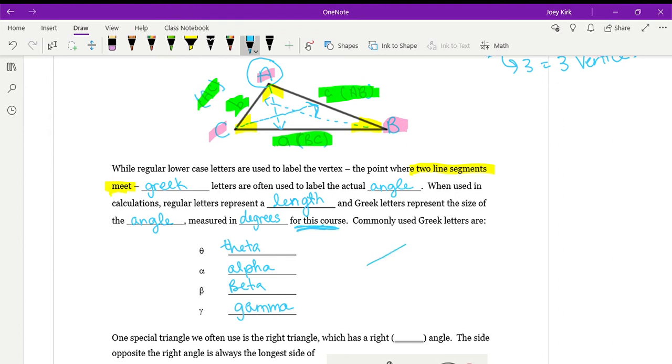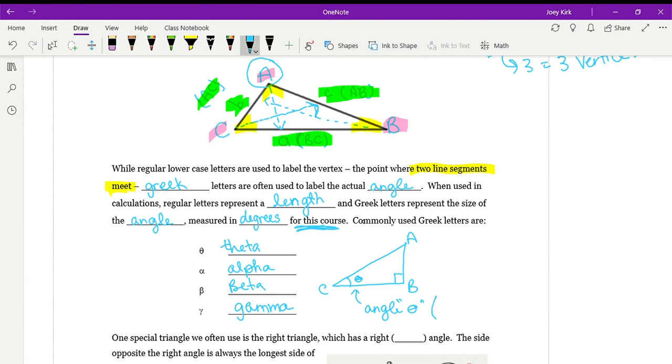So if we have any type of triangle, but in this case I'll draw a right angle triangle, and you have side A, side B, side C, you might have angle theta here. You don't have to put the quotations, but I'm just showing you.